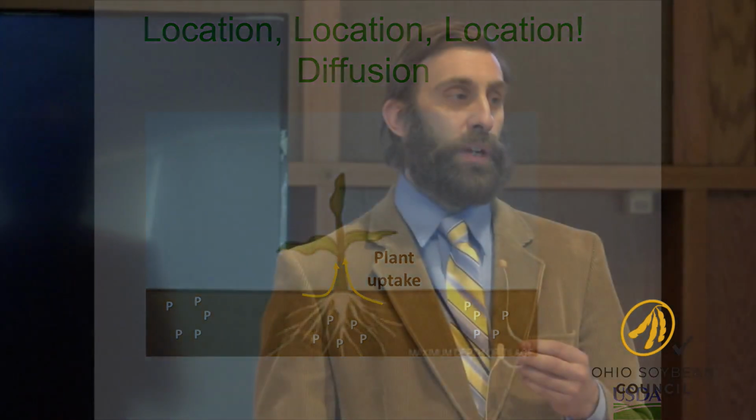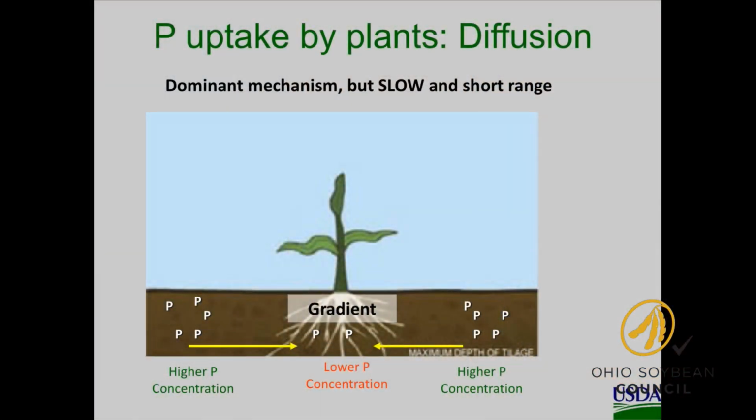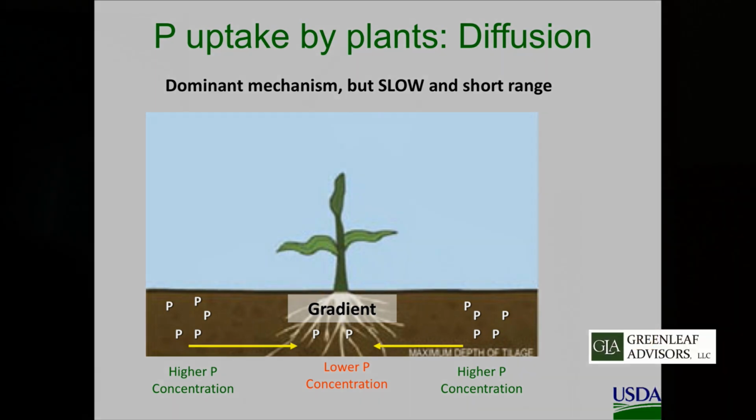And it creates a concentration gradient, where around the root you have lower concentrations, higher concentrations away from the root, so the phosphorus moves by diffusion through that gradient back towards the root. Now, obviously, this diagram is not to scale. It's exaggerated here just to make the point. It's the dominant mechanism, but it's extremely slow and it's short range. It's only going to move around 1/4 of an inch.